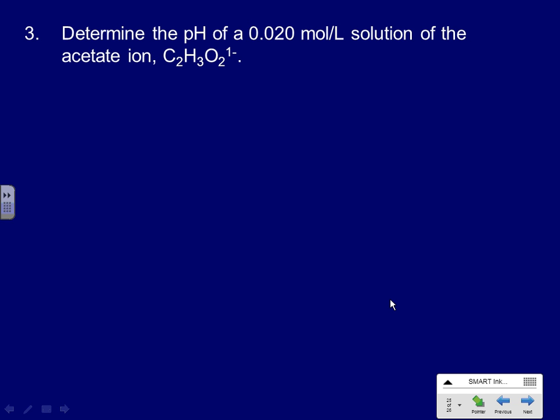But the practice problems that you're going to be given will also have some straightforward weak acid, weak base problems. And what we're saying now is, if we know that the acetate ion is what we're dealing with, the acetate ion, go find that on your page. Actually, you know what? We better do this problem.